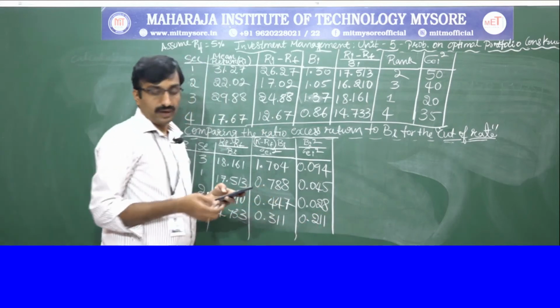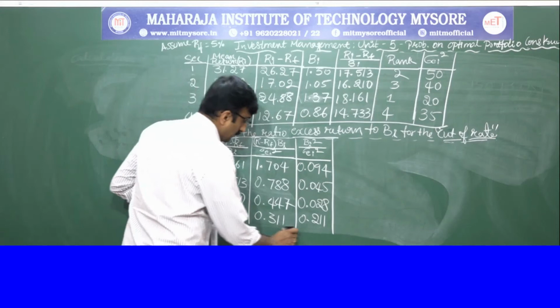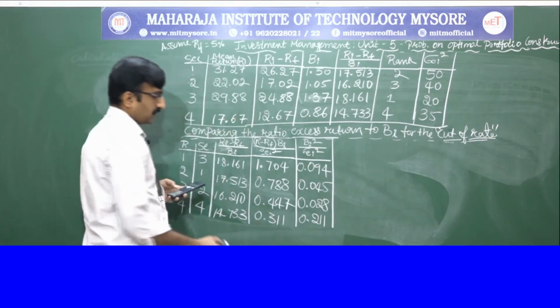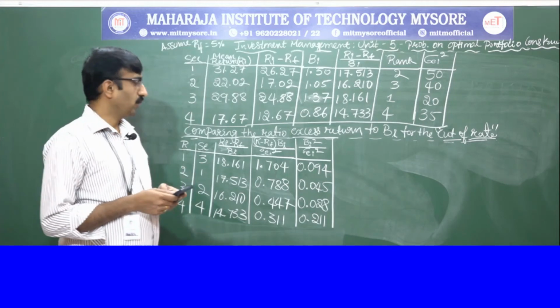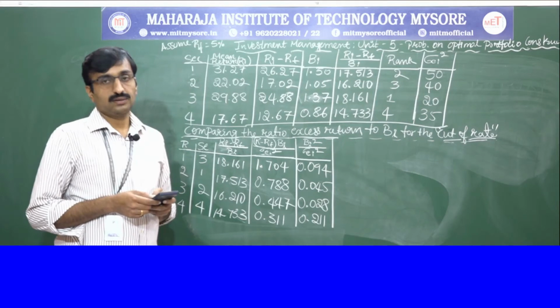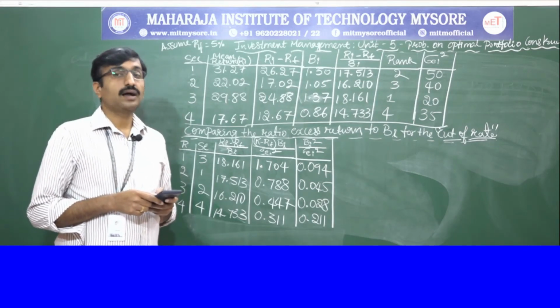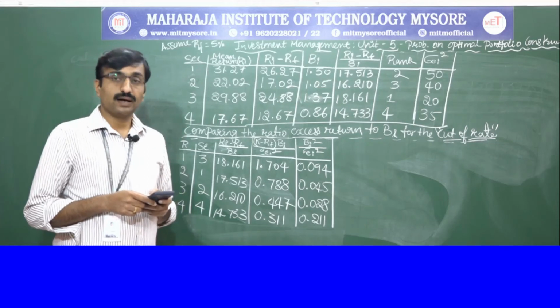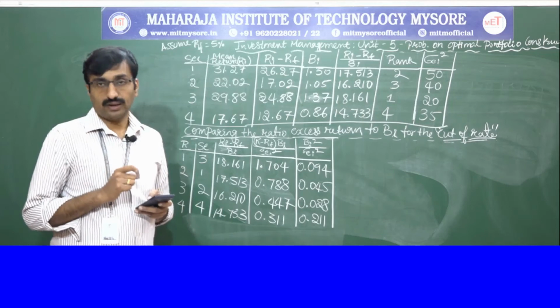Okay, so we got this much value. This is called B square divided by standard deviation Ei square. Got it. So, next moving on to sigma Ri minus Rf into beta all divided by standard deviation Ei square.